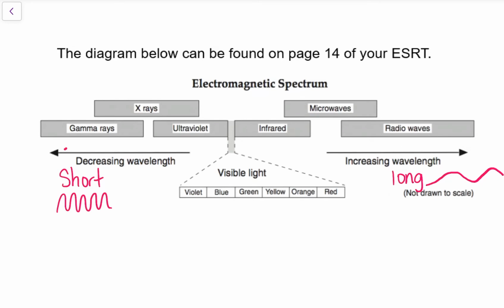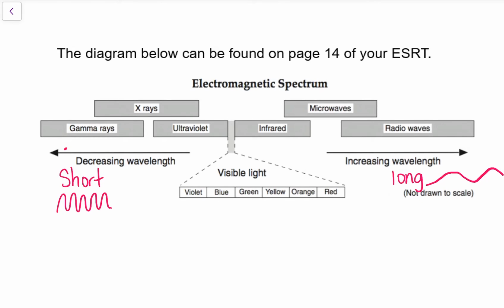And then notice in the middle here, we have this little insert where this part of the chart pulls out into what we call visible light. The reason they display it like this is because all of the visible light fits into just this tiny little section, but because this part is so important to us, they pull it out and make it easier for us to read, okay?